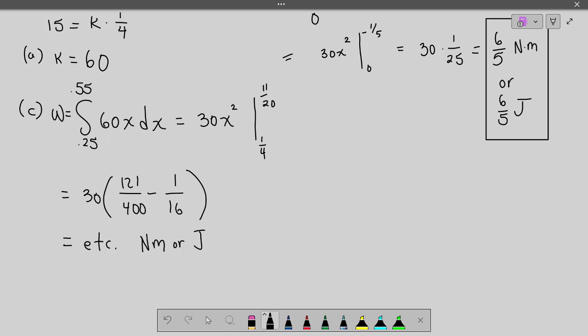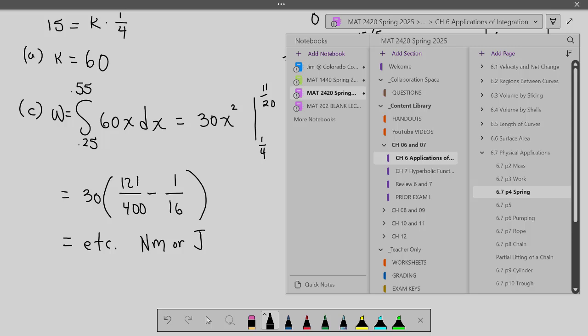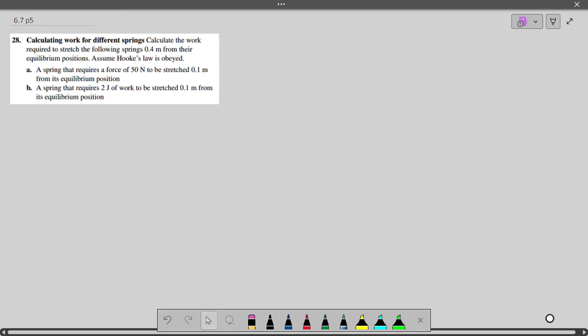Okay, so the spring, let's do one more spring one. Calculate the work required to stretch the following springs 0.4 meters from their equilibrium position. Assume Hooke's law is obeyed. So why don't you all do part A?